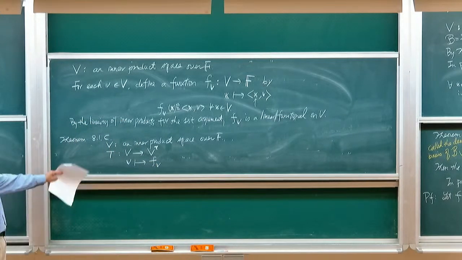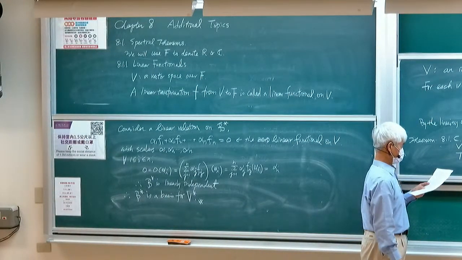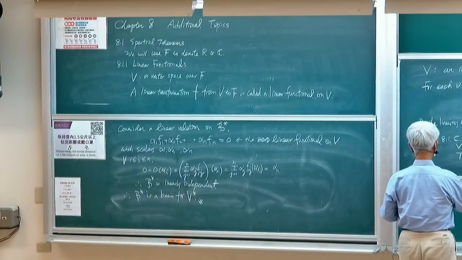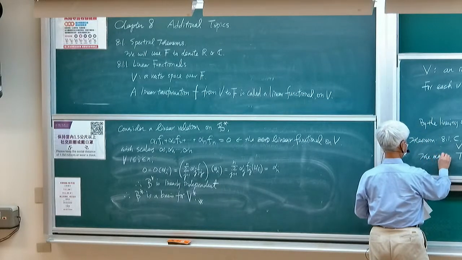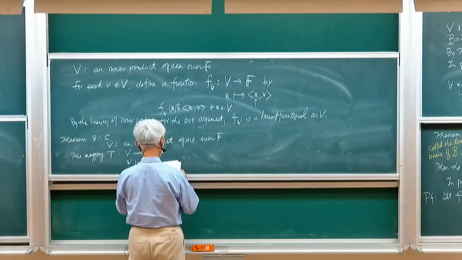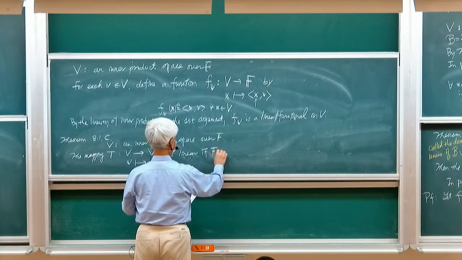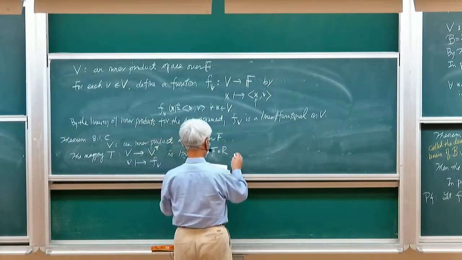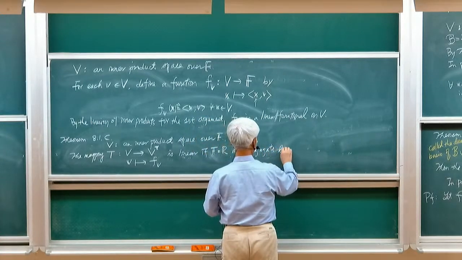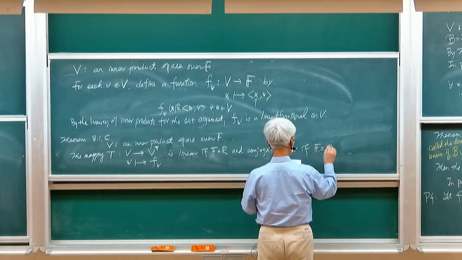So actually this construction establishes a mapping, and this mapping is linear if F is equal to R, and conjugate linear if our scalar is complex.